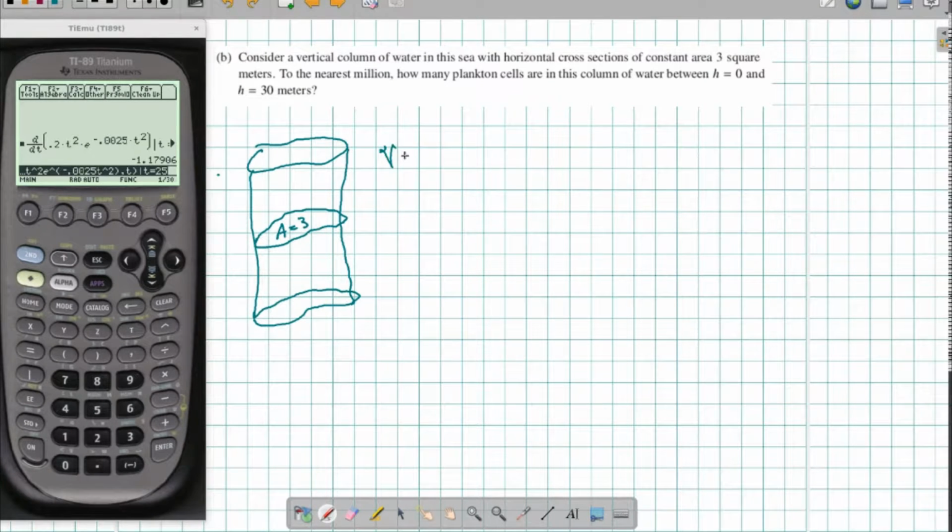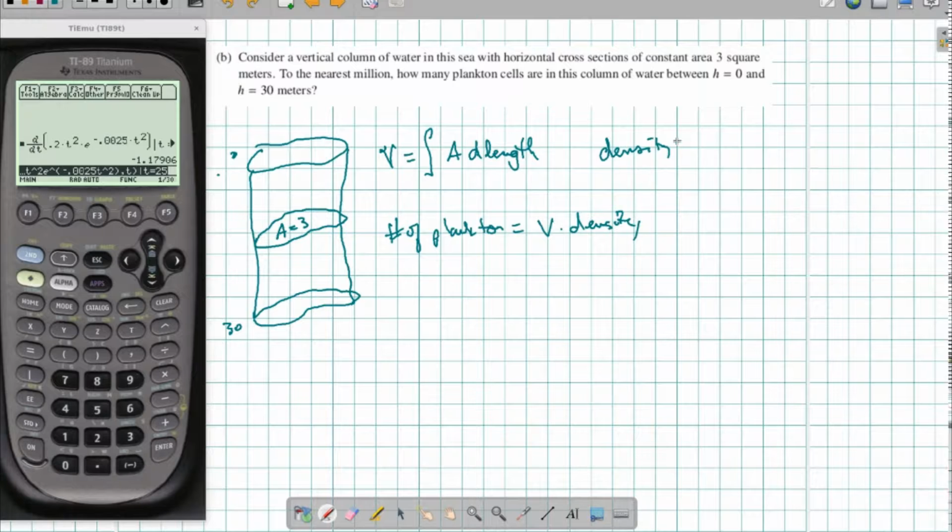And I know that if I ever want to find volume, all I have to do is integrate area with respect to some length. And I know that in this case, I want my depth to go from 0 to 30 meters. So if this is volume, and I know the density, then the number of plankton is going to equal the volume times the density.